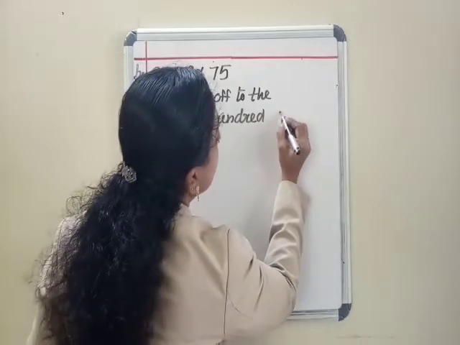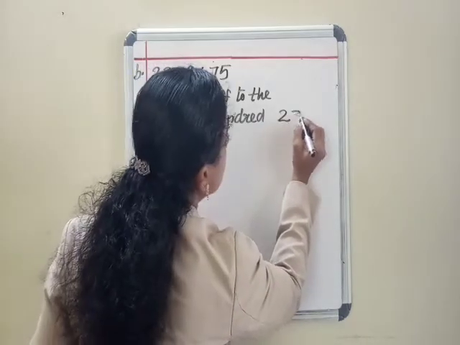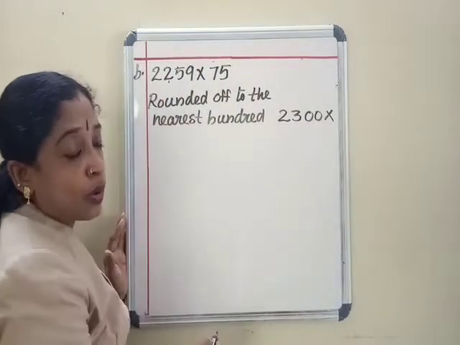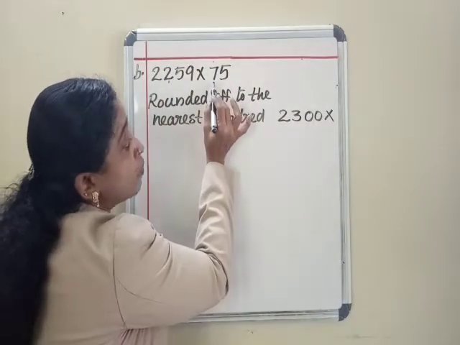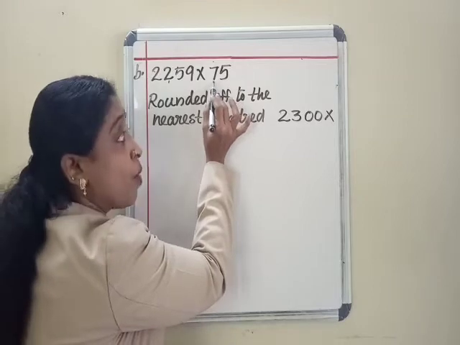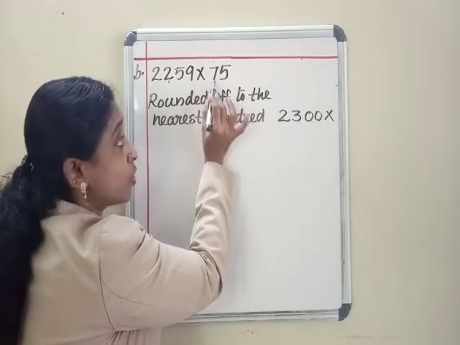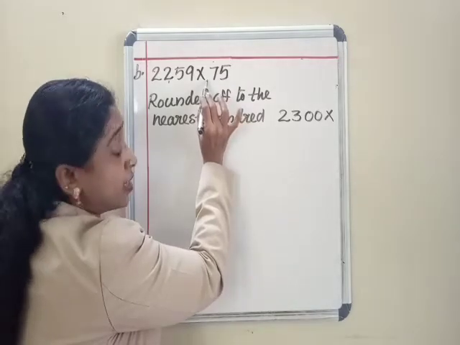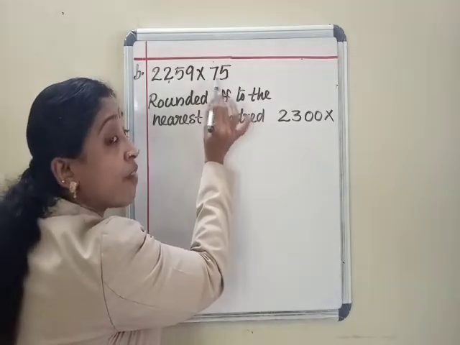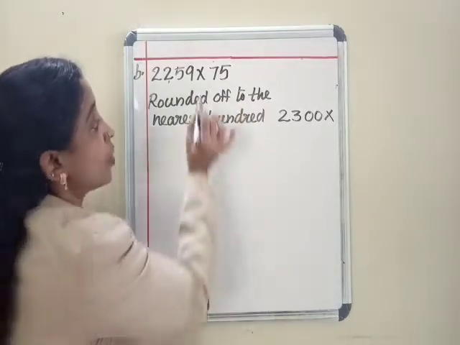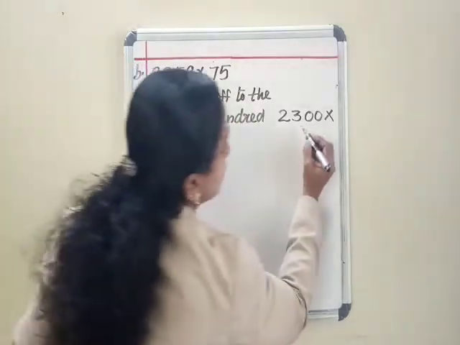Then this becomes 2,200 change to 300. Here look, here tens place number is what? More than 5. So here is no 100, so we can add 1. Then this becomes 100, because tens place number is more than 5.